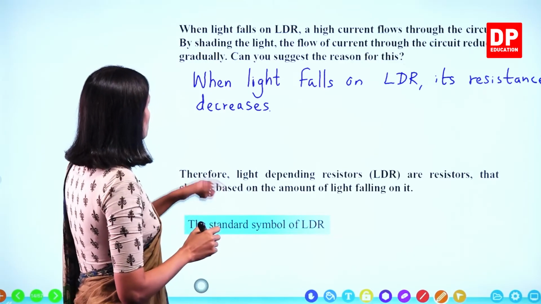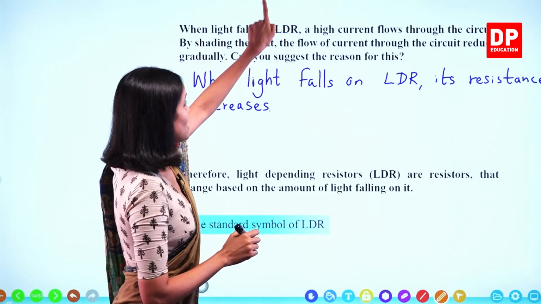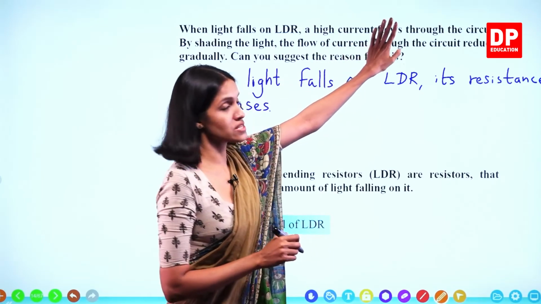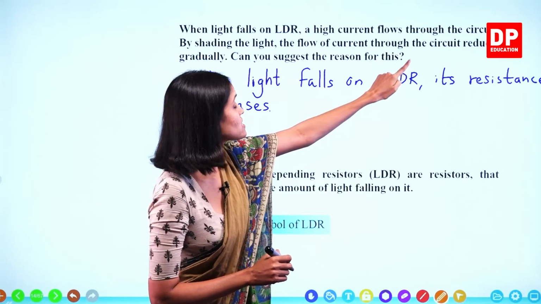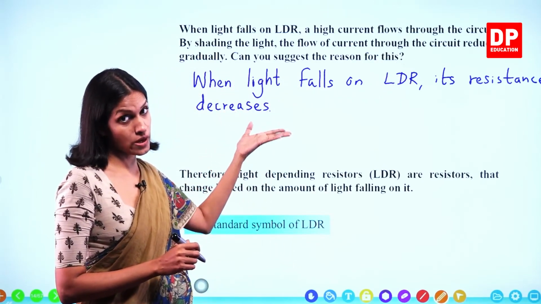Right? When light falls on LDR, a high current flows through the circuit because its resistance decreases. That's why high current.